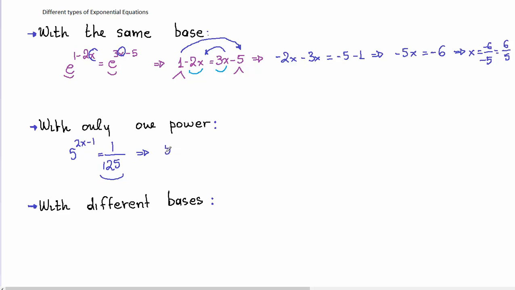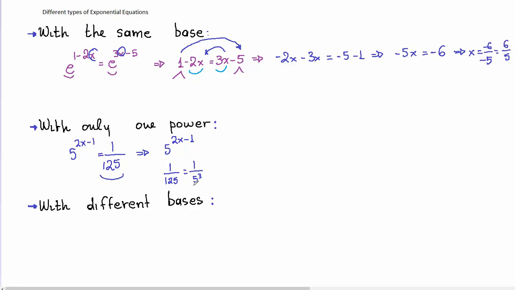The first thing I can see is that 125 is 5 to the third. So I can rewrite this as 1 over 5 to the third.